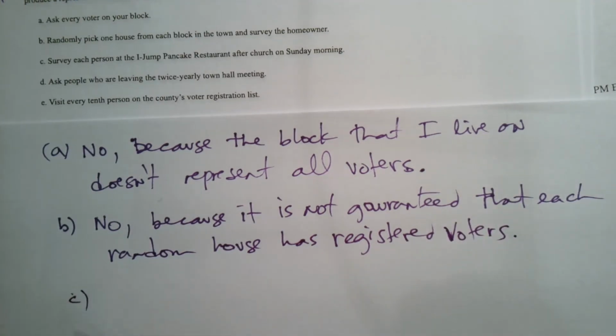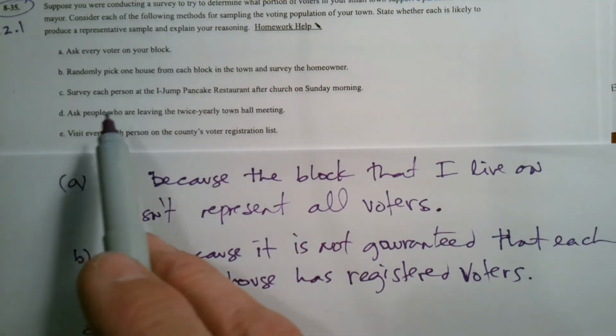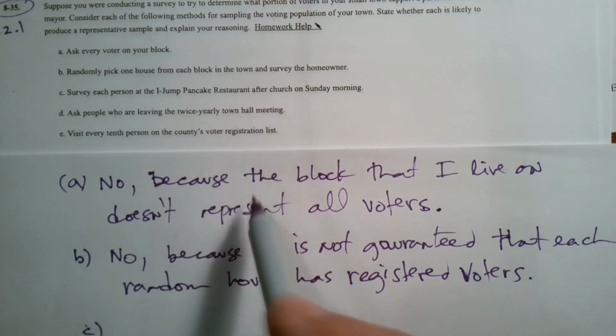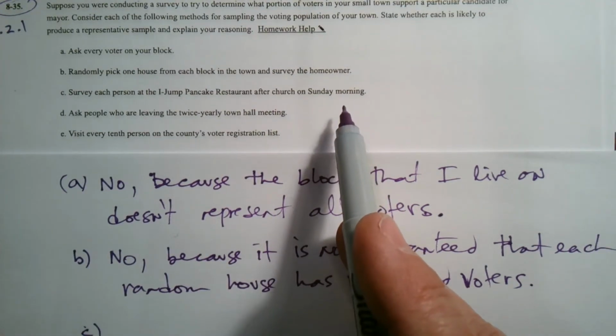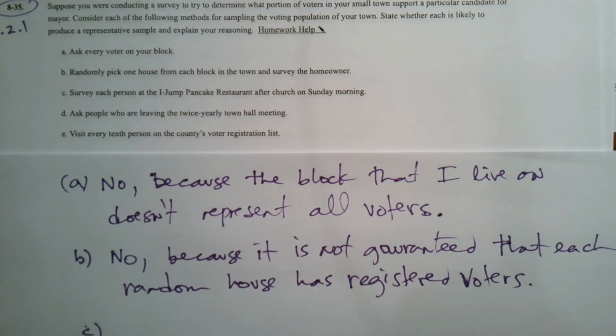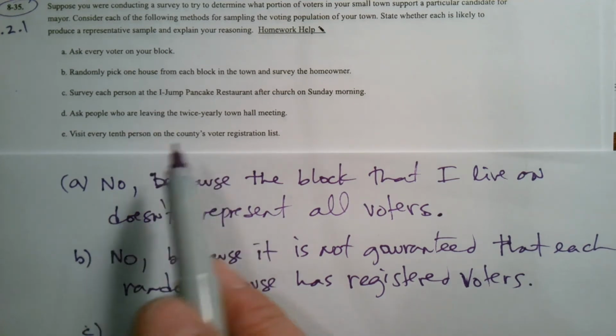Okay, so what about C? C says survey each person at the I Jump Pancake restaurant after church on Sunday morning. So I'm only surveying those that go to I Jump Pancake restaurant after church on a Sunday morning.